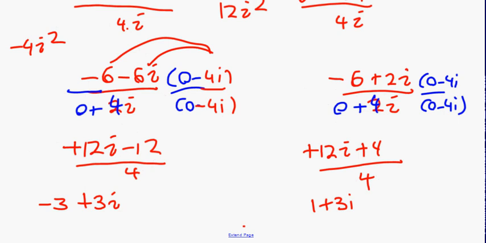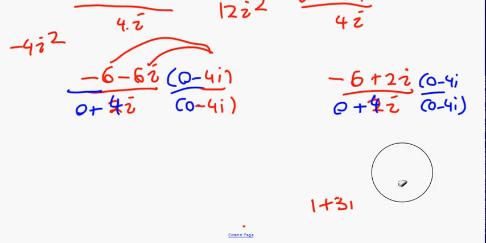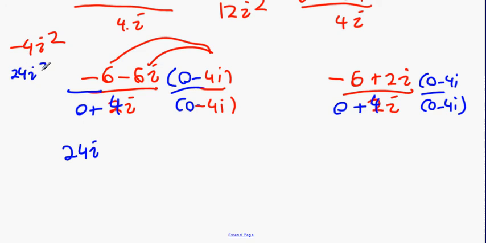So we'll just rub out this part here and let's see what happens when we fix this up. So what we're going to get is, on the bottom, 6i times that is 24i squared. 24i squared is the same thing as minus 24. This here is going to be 4i multiplied by minus 4i, which is minus 16i squared, which is 16.